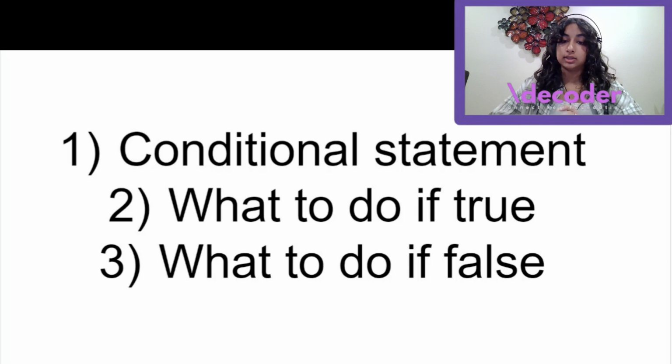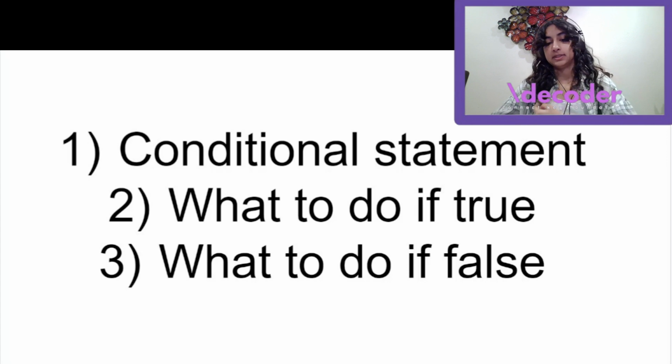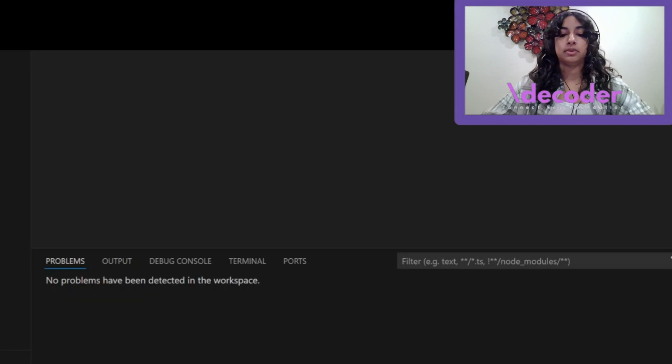And the third thing is what to do if the conditional statement returns false. So you cannot control the user input unless you are the user, of course. So you need to include what to do if it is false, because you don't know that it will always return true. So let's dive into an example of that right now.